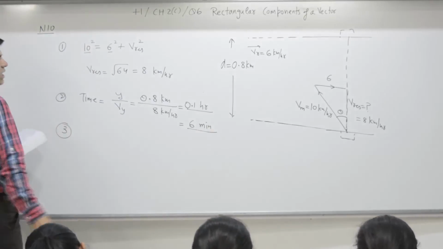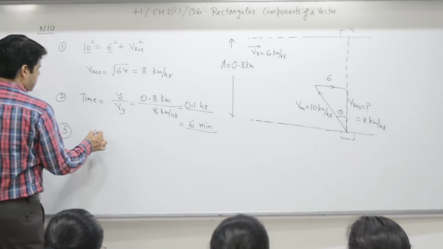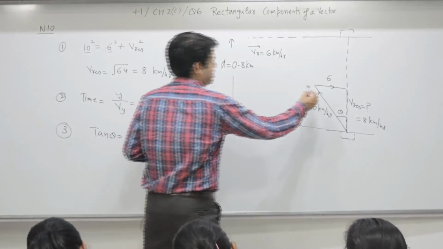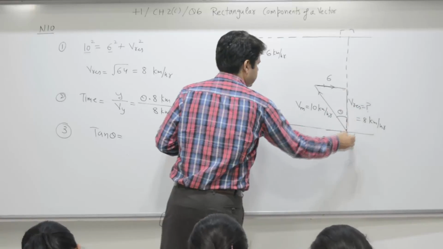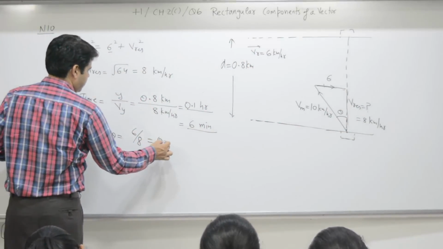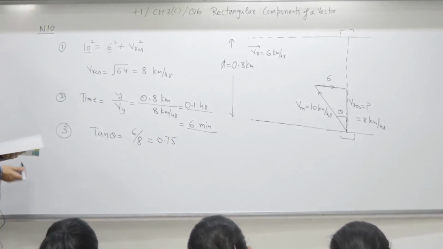Third, at what angle? First we will find theta. Tangent theta is equal to perpendicular 6 by base 8, which is 0.75, that is 3 by 4.